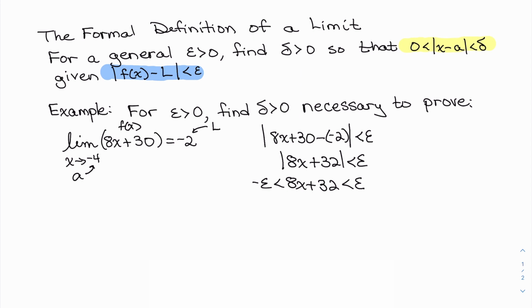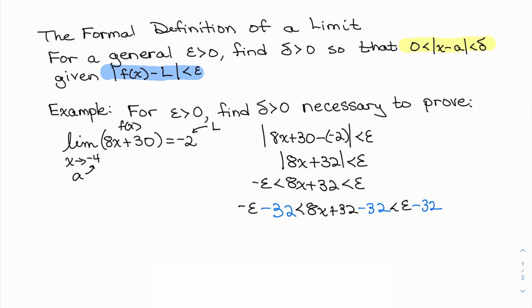So to get the x in the middle, we're going to subtract 32 from all three parts. So we'll have our negative epsilon, and then minus 32, is less than 8x plus 32 minus 32, less than epsilon minus 32.